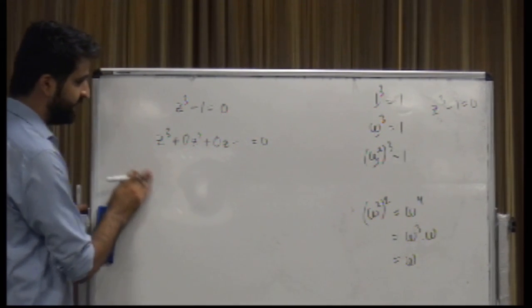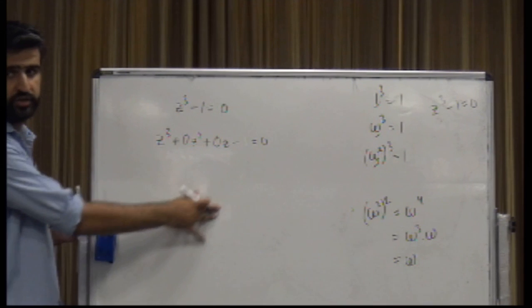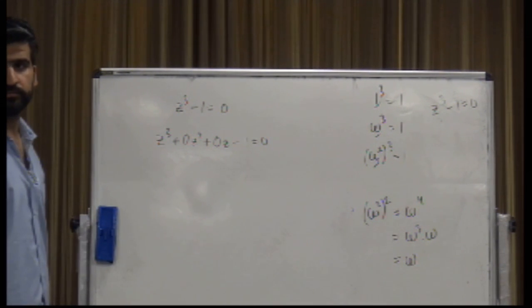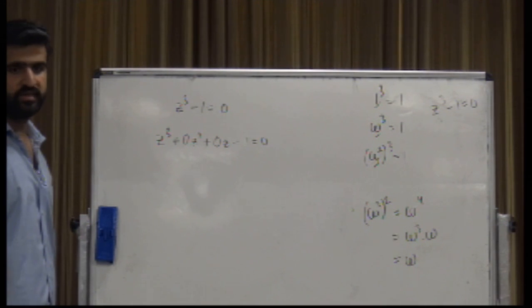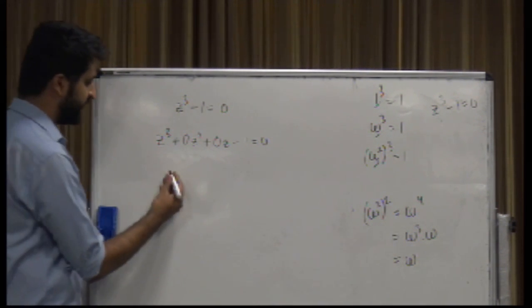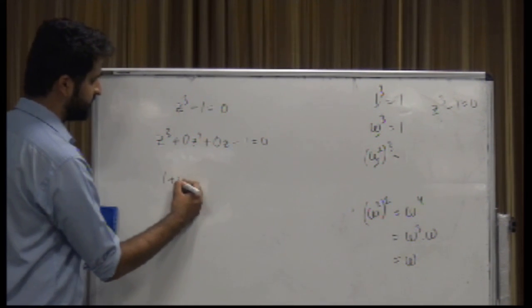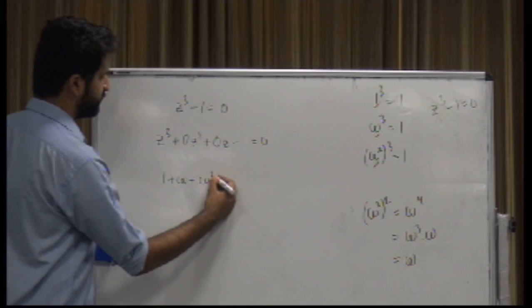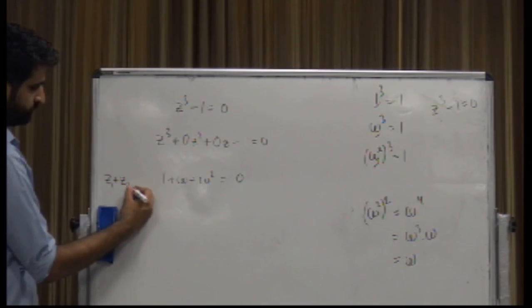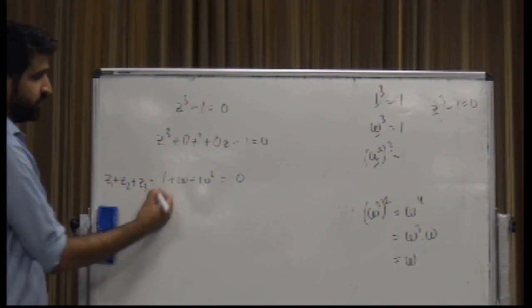If I am adding the three roots of this cubic equation, what will be the sum of roots here? 0. What will be the product of roots? 1. So the sum of roots will be equal to 0, so 1 plus omega plus omega square will be equal to 0.